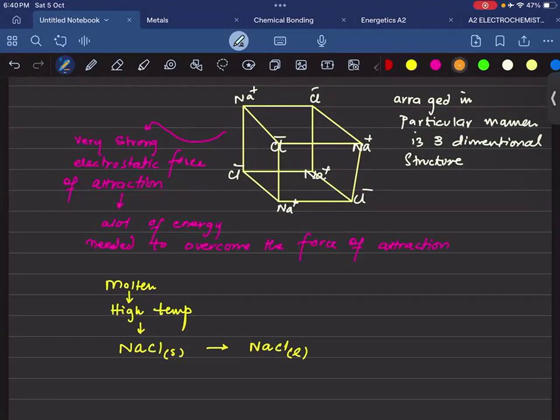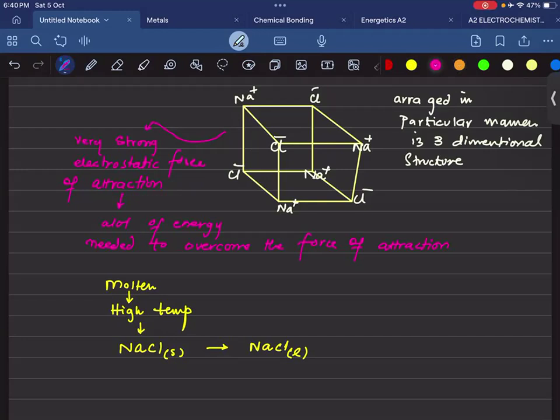Now the particles are far away from each other, and hopefully you have learned in previous classes that in liquids the particles have intermolecular space greater than in the solid. The particles are far away from each other as compared to the solid state, so they can easily move.